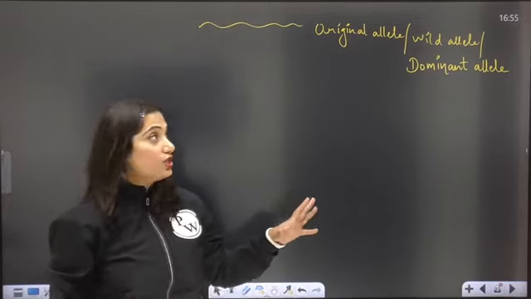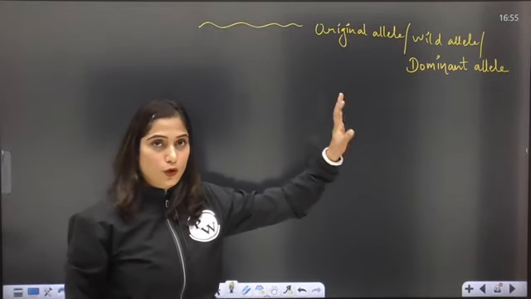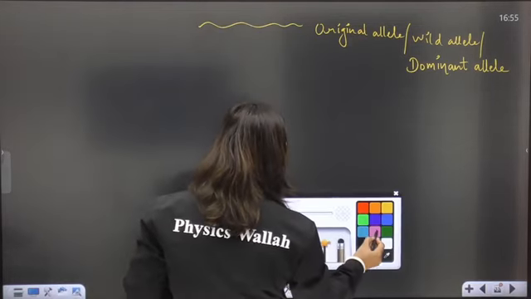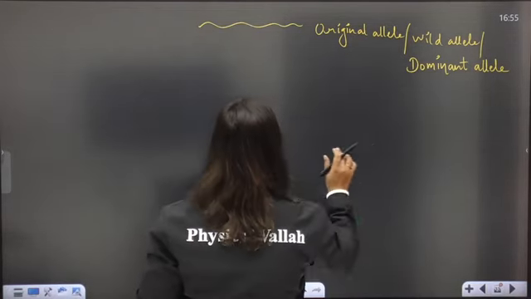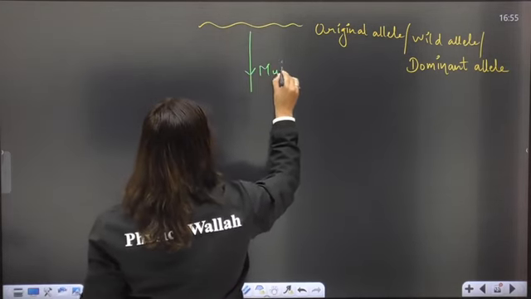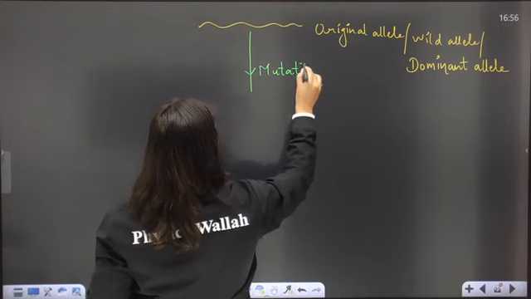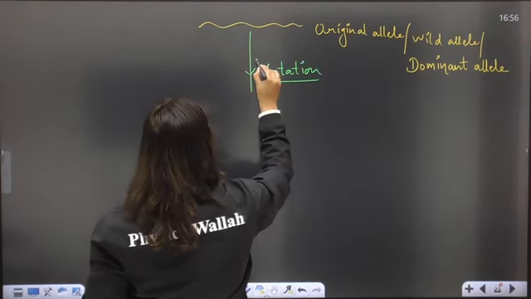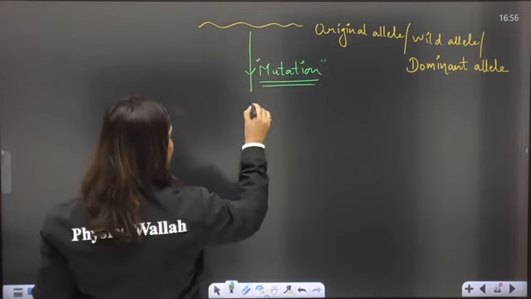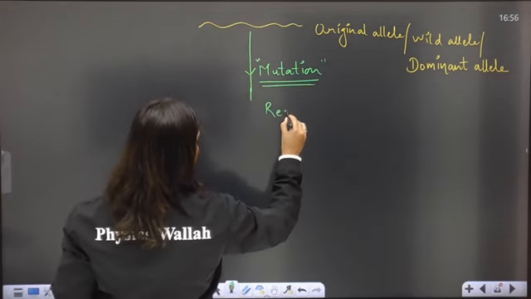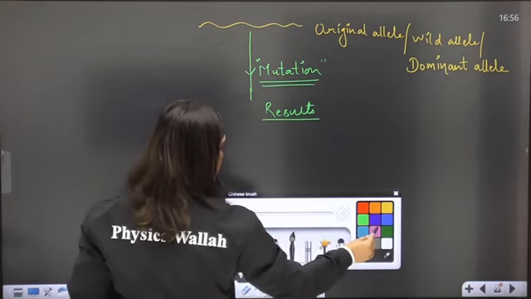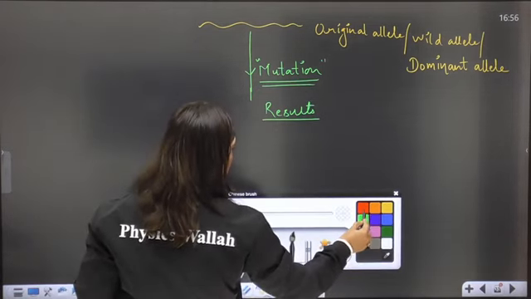Original allele, wild allele, or the dominant allele. Now, during the course of evolution, this original allele undergoes mutation. And what can be the results of this mutation in the original allele? There can be 3 conditions.